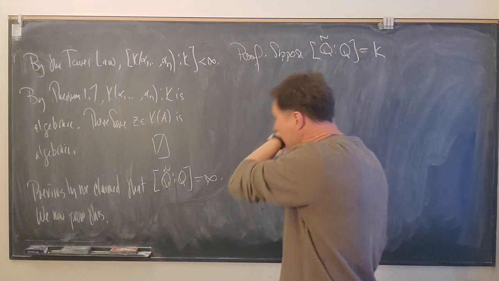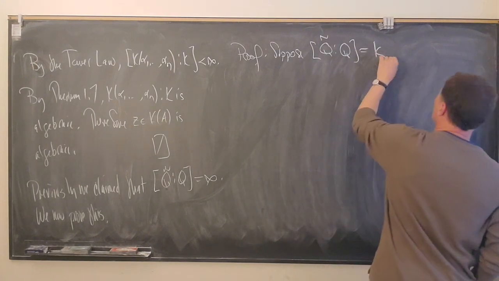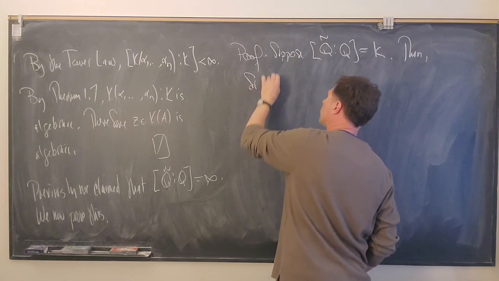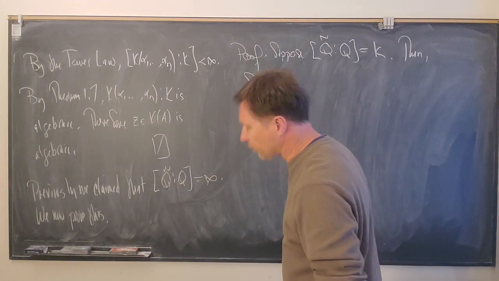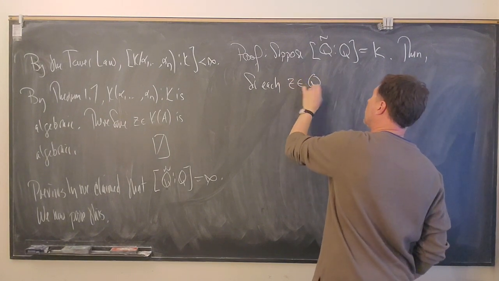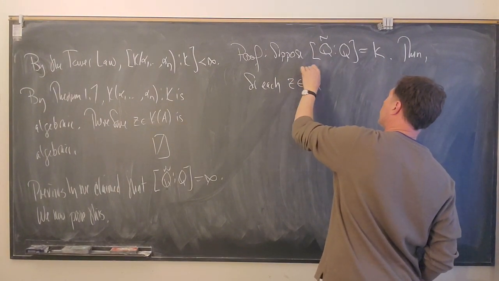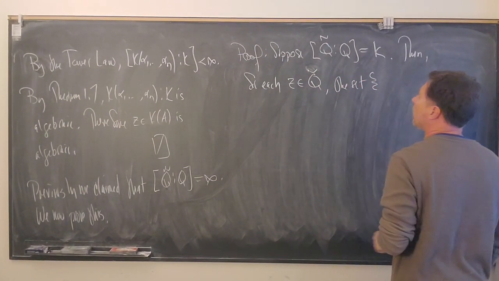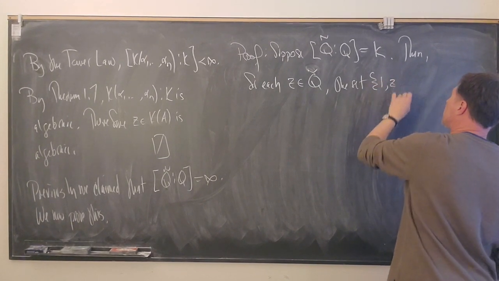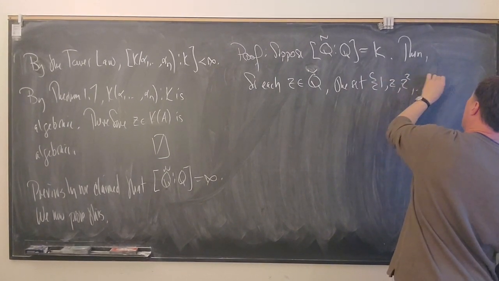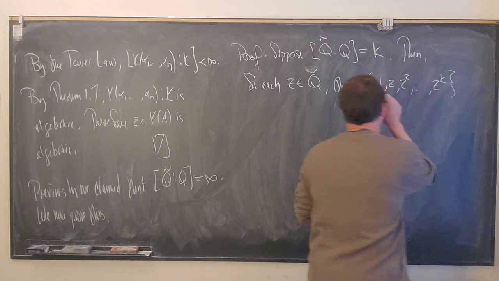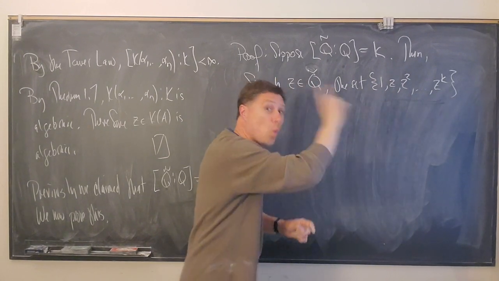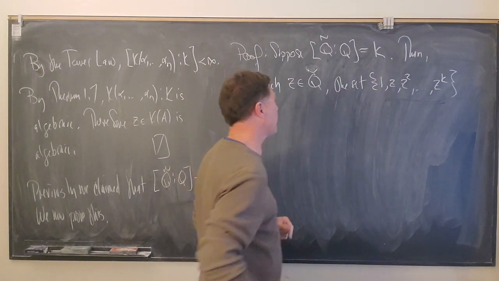So then, for each algebraic number, so let's say for each z in Q tilde, the set 1, z, z squared up through z to the k. So what do we have here? We've got a dimension k vector space, and I've got k plus 1 elements in that set. That has to be linearly dependent.